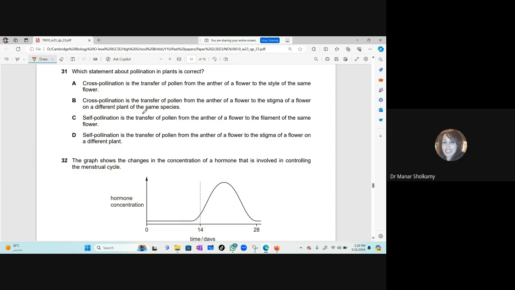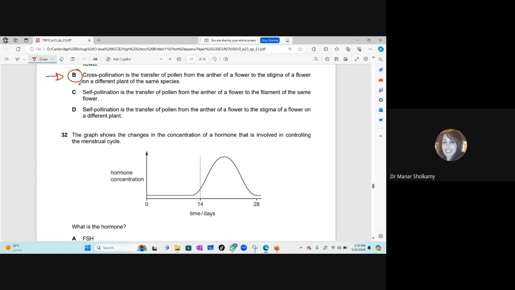C. Self-pollination is the transfer of pollen from the anther of a flower to the filament of the same flower. Now the answer is very obvious. D. Self-pollination is the transfer of pollen from the anther of a flower to the stigma of a flower on a different plant. What is the definition of cross-pollination? The answer is B. This is the only correct definition.